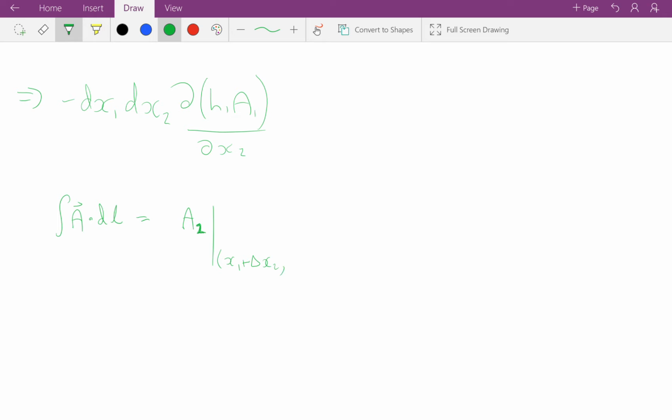It doesn't matter whether we evaluate this at x2 plus delta x2 or just x2, because it is such a tiny length. We're going to assume that it's basically constant along that length. So we're going to have that, and we need to multiply by the length, which is going to be h2 delta x2.